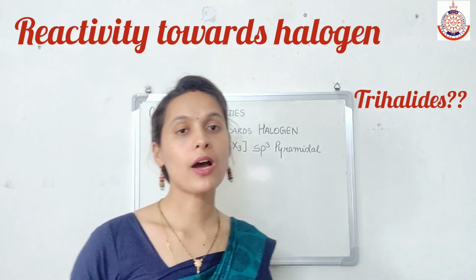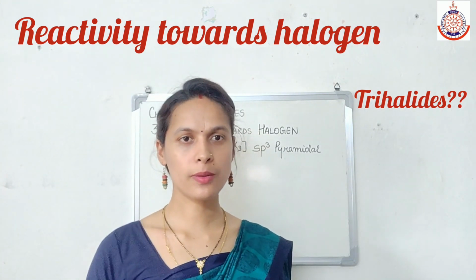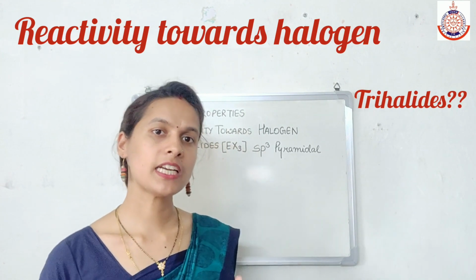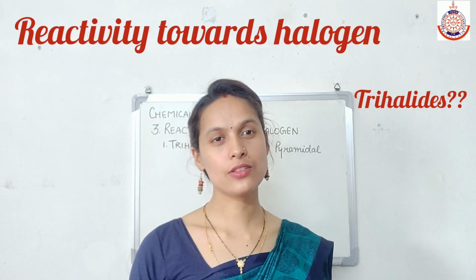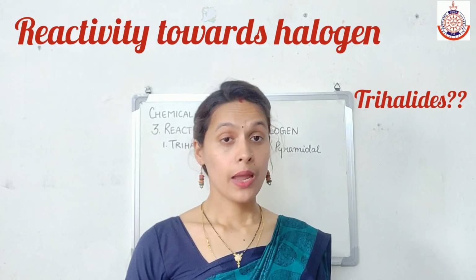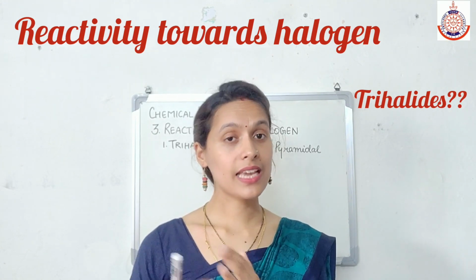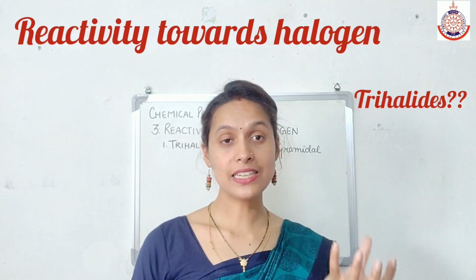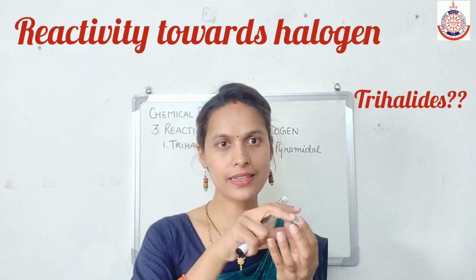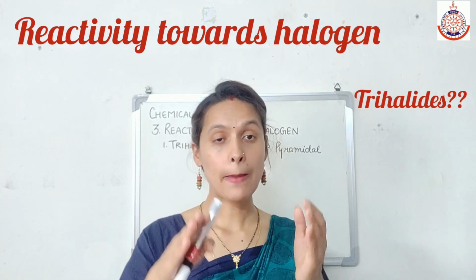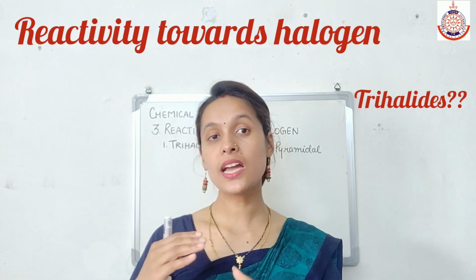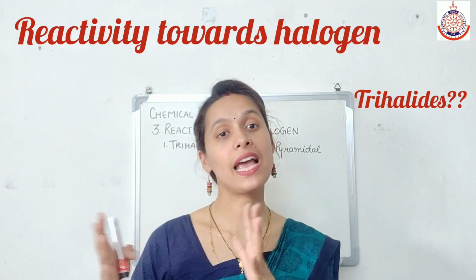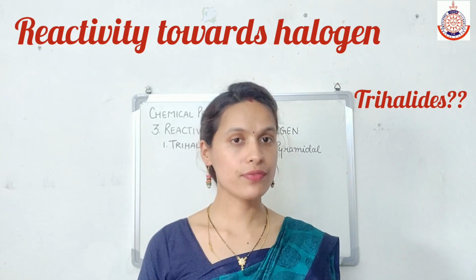Now, if I talk about the bond angle, if you remember in trihydrides, we studied that bond angle decreases on moving down the group. But in this case, the case is different. In trihydrides, the central atom is changing, but the hydrogen remains the same. In this case, we are going to change the halogen atom because we have different halogen atoms.